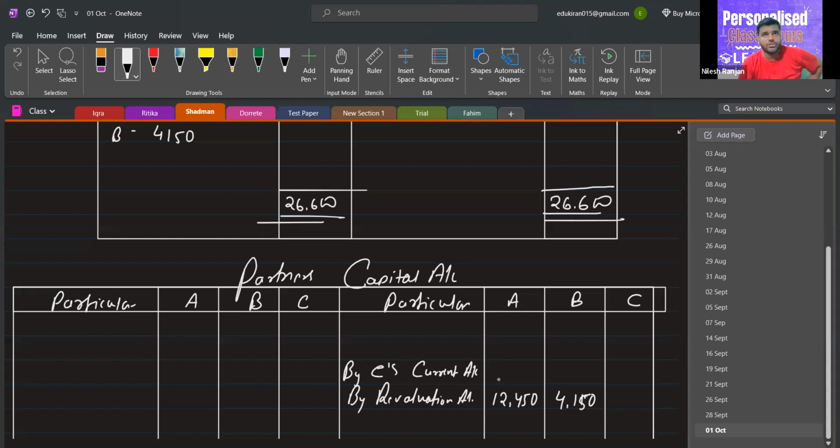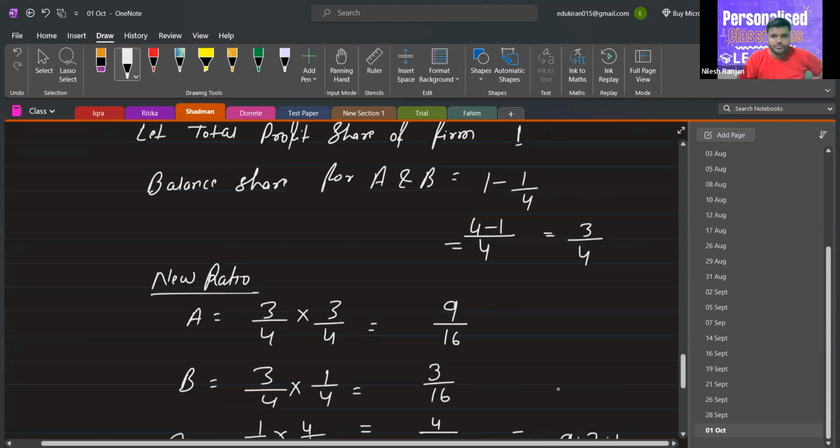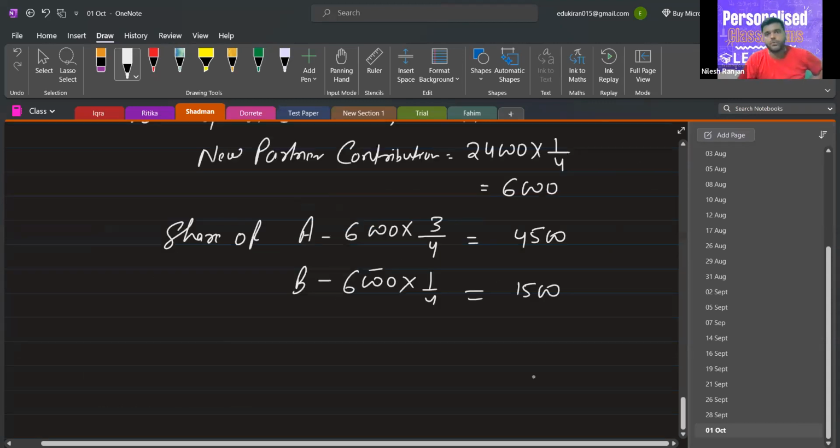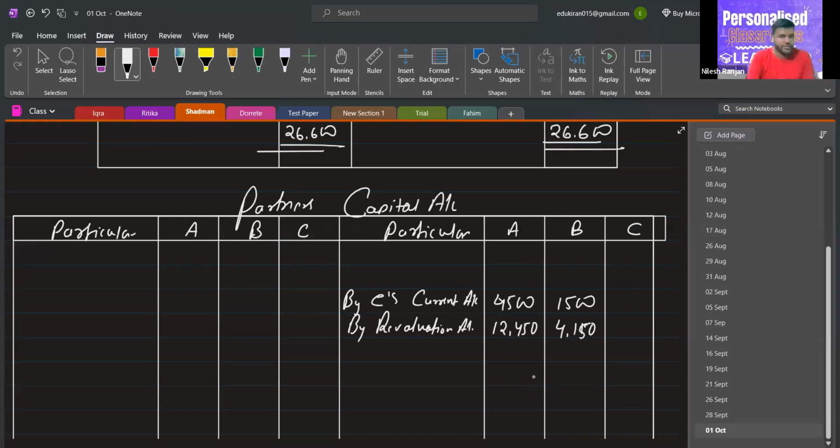If we distribute the total 24,000, it is 6,000, 4,500 and 1,500. We have written this. Now we have completed our revaluation, we have completed our goodwill.